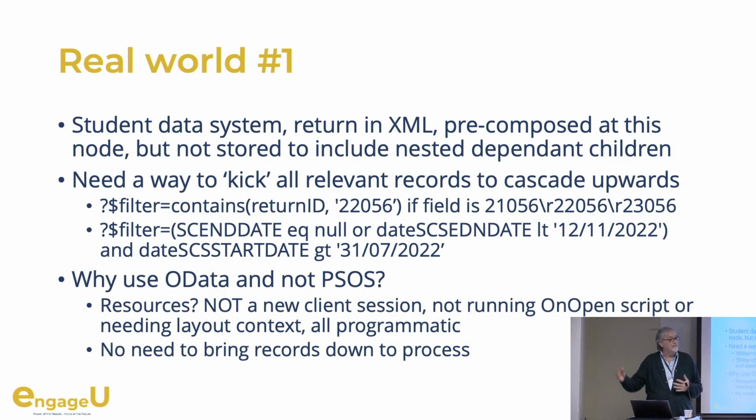Because there are so many dependent children down the line, using XSLT was going to be quite a complicated way of doing this, to be able to export the data from FileMaker to the XML in the end. So I chose to explore, could I pre-compose the XML at this point in the node?